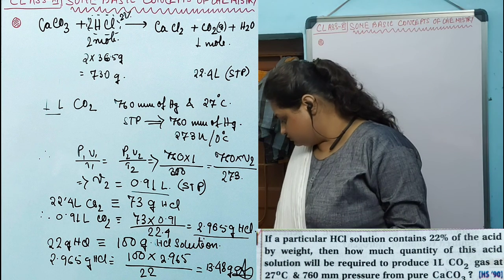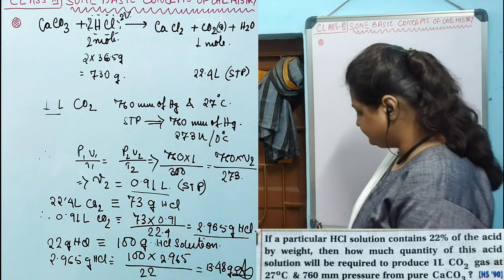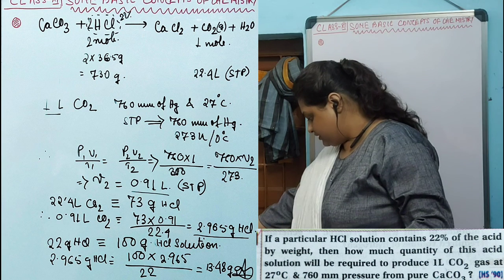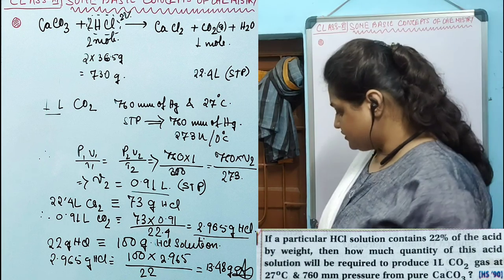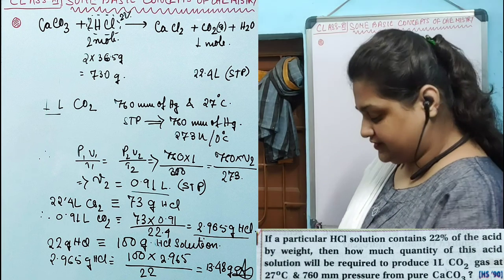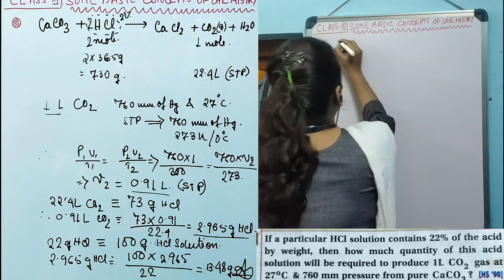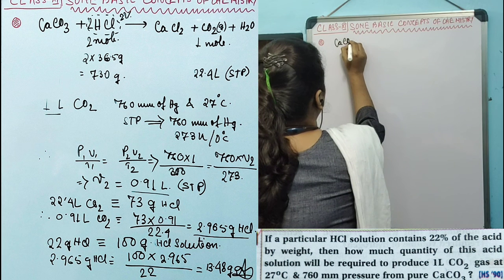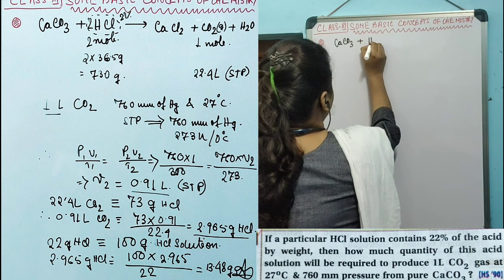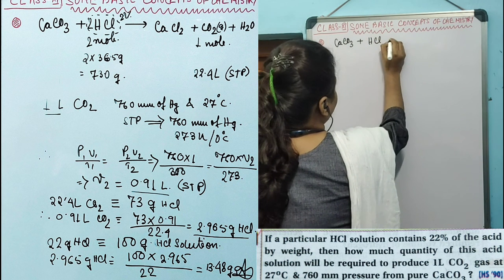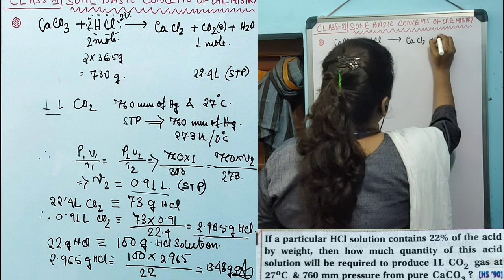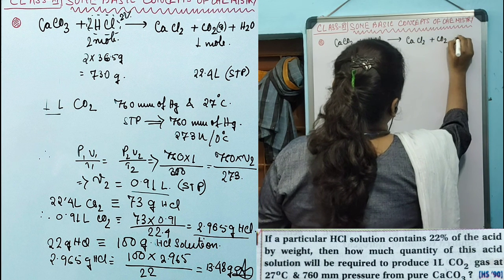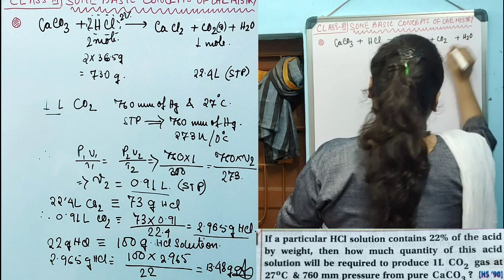Now, the reaction is saying that the calcium carbonate is reacting with HCl and carbon dioxide is produced. Now the chemical reaction will be as follows. For this particular chemical reaction, CaCO3 + HCl will give CaCl2 + CO2 + H2O.